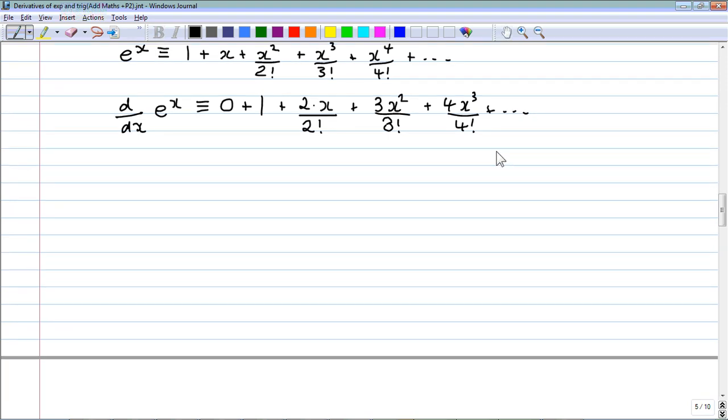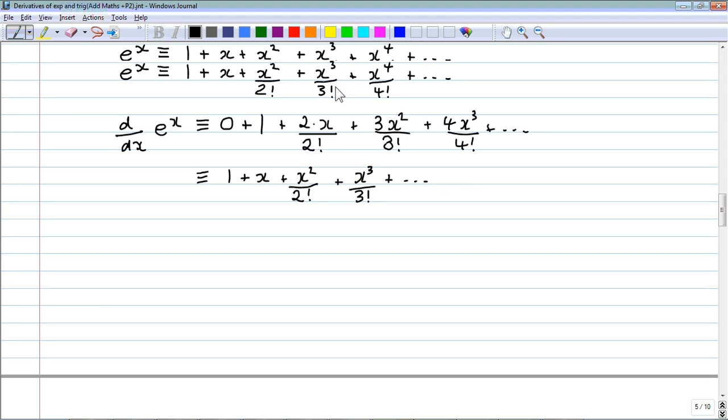So what happens if you tidy that up? Well, you get 1 plus x squared over 2 factorial plus x cubed over 3 factorial, because 4 divided by 4 factorial is 3 factorial, and so on.